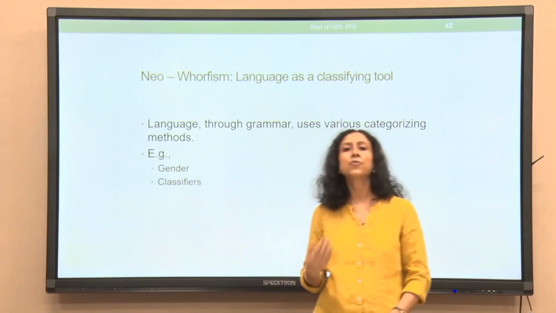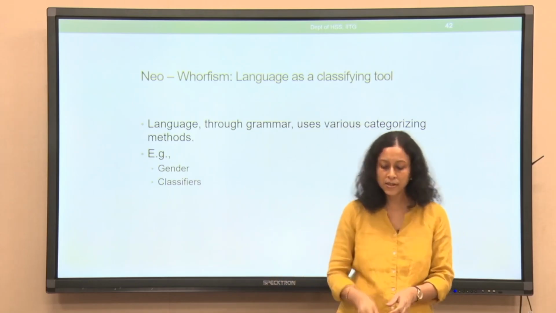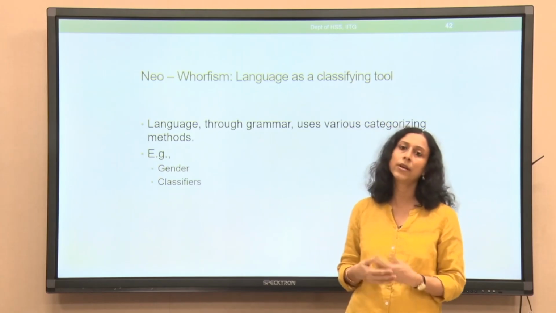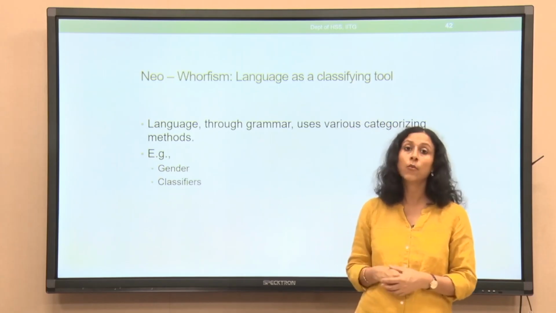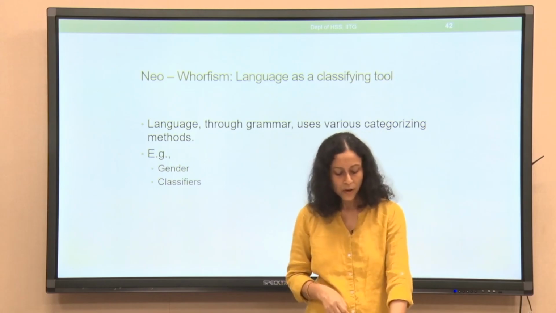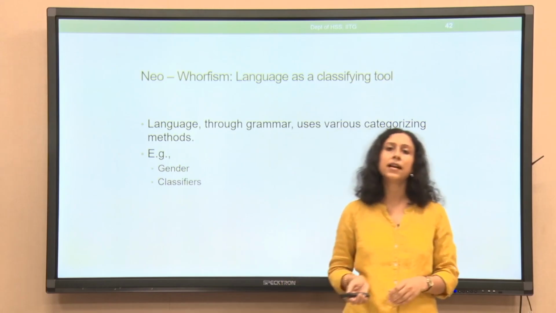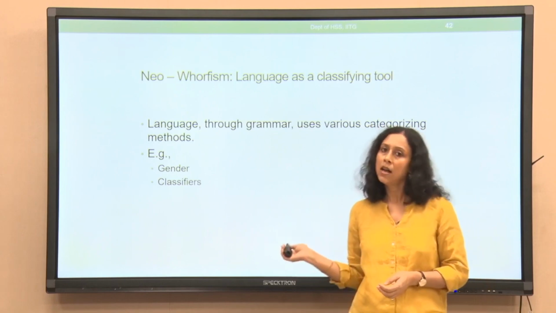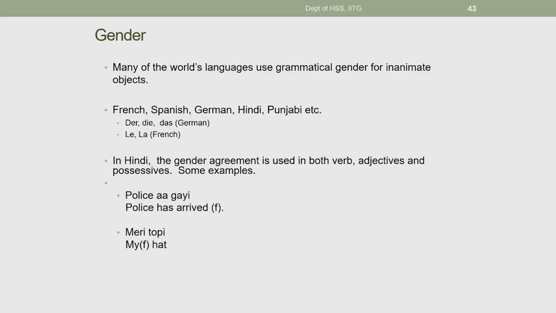This way of looking at language structure and connecting it with the human thought process, with the way humans create a world view, so to say, is called neo-Whorfianism. Neo-Whorfianism is a revised and newer version, a softer take on the same theory that language has a relationship with our mental processing, with our cognition.